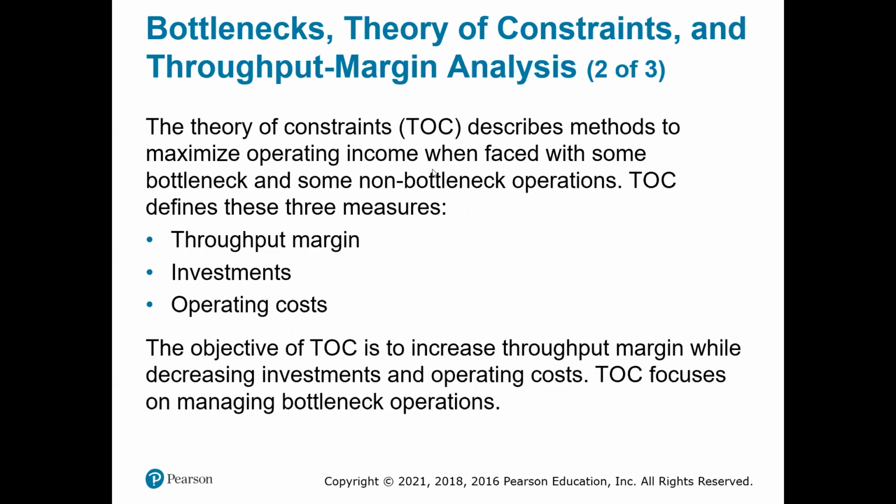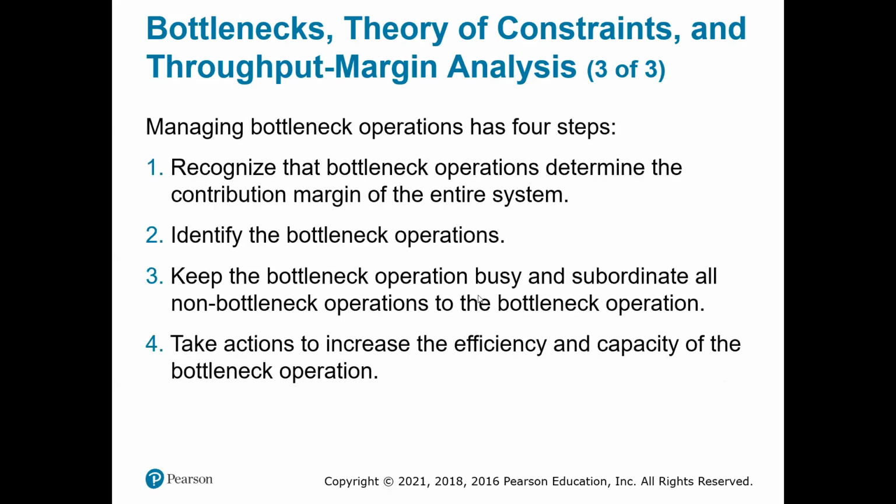The theory of constraints describes methods to maximize operating income when faced with bottleneck and some non-bottleneck operations. So these are three measures: throughput margin, investments, and operating cost. The object of theory of constraints is to increase throughput margin while decreasing investments and operating costs. So TOC focuses on managing bottleneck operations.